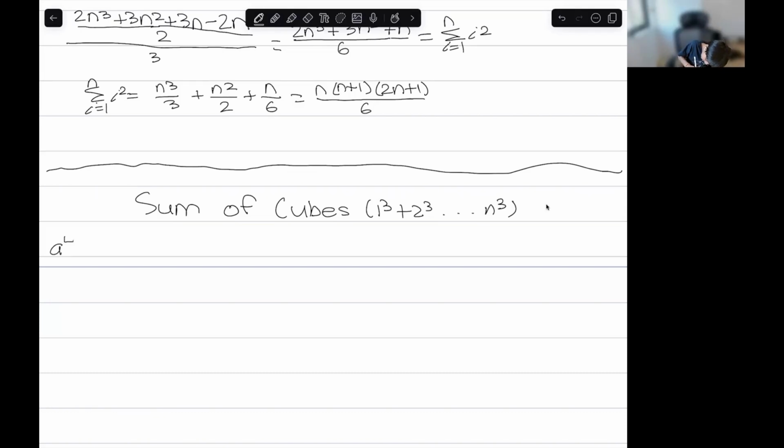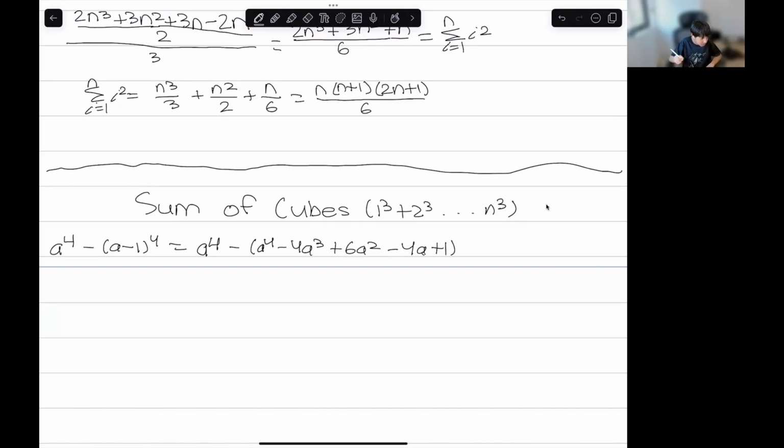We take a to the fourth minus a minus 1 to the fourth. Instead of factoring like last time, we're going to use binomial expansion. So this is equal to a to the fourth minus, in parentheses, a to the fourth minus 4a cubed plus 6a squared minus 4a plus 1.